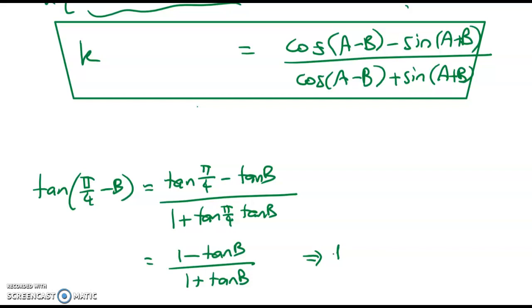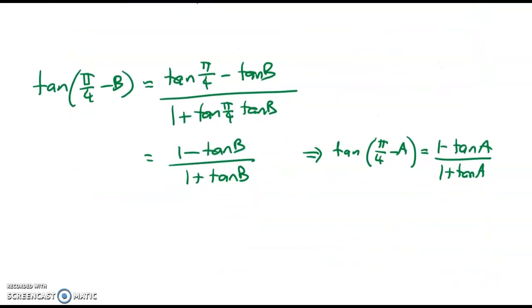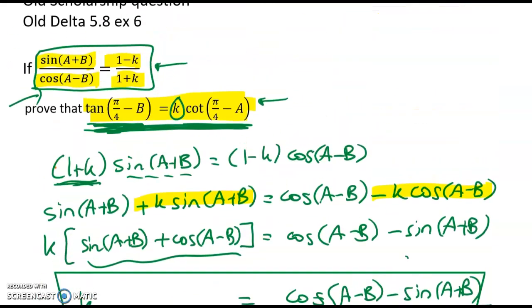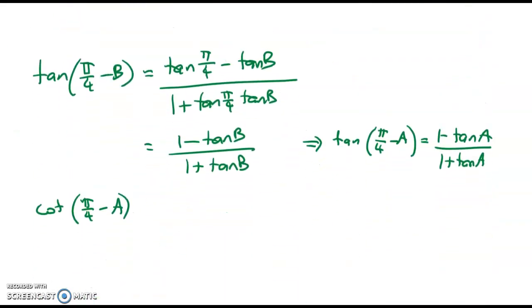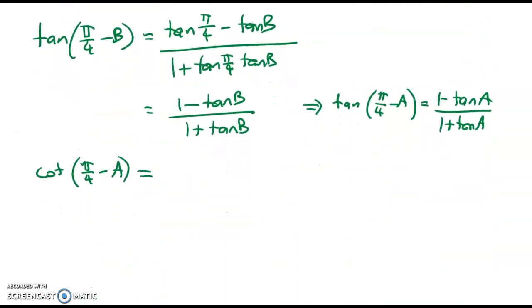That means that we could say straight away that tan of pi on 4 minus a, without going through all of that again, is going to be 1 minus tan a over 1 plus tan a. And that means that we can say pretty quickly that cot of pi on 4 minus a, which is what we want over here, is going to be the reciprocal of this thing here. So it's going to be 1 plus tan a over 1 minus tan a.